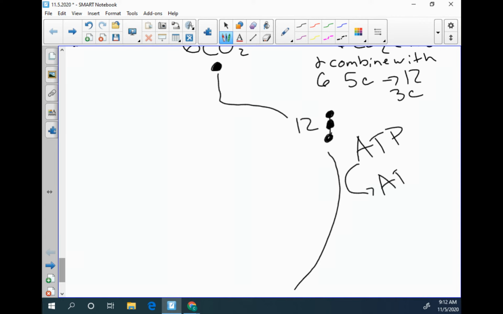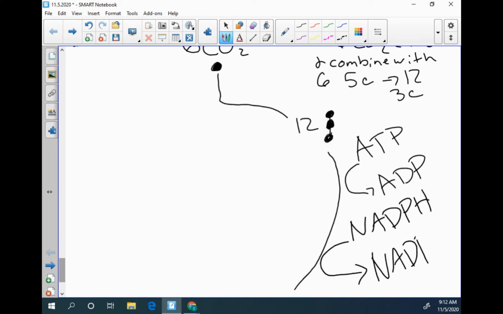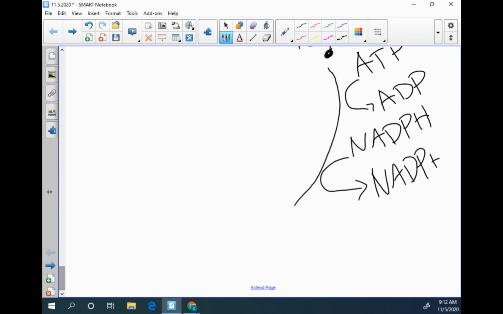And now we're going to have ADP. We're going to have NADPH. We're going to use it up and get back to NADP plus. And now we have still 12 3-carbon sugars, but they're a lot higher energy.